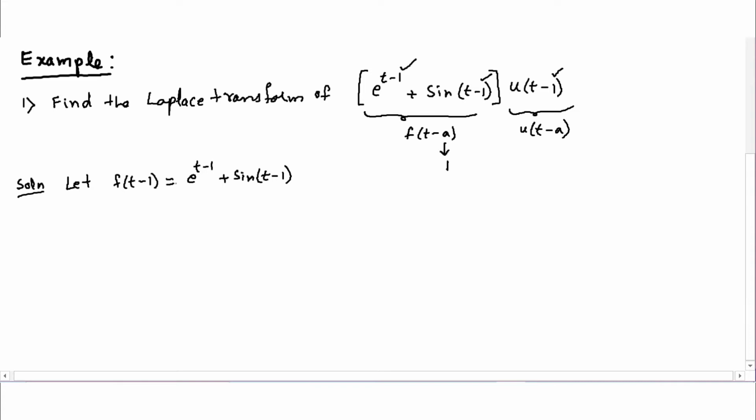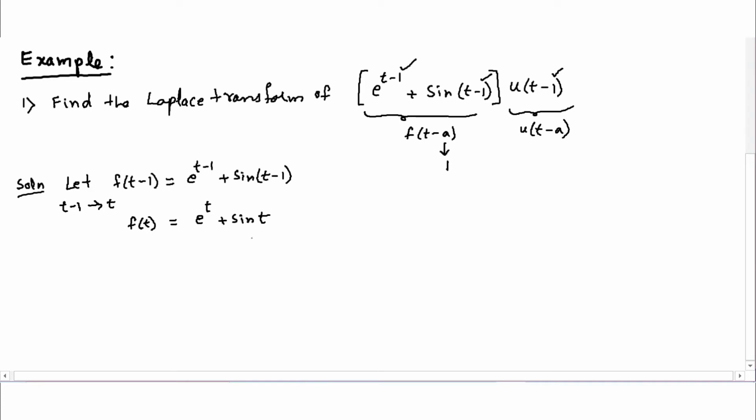I've taken f of t minus a to be f of t minus 1 because the value of a is 1. Now if I convert this into the form of f of t, I am replacing t minus 1 with t. So on the right hand side, t minus 1 will become t, and sine of t minus 1 will become sine of t.